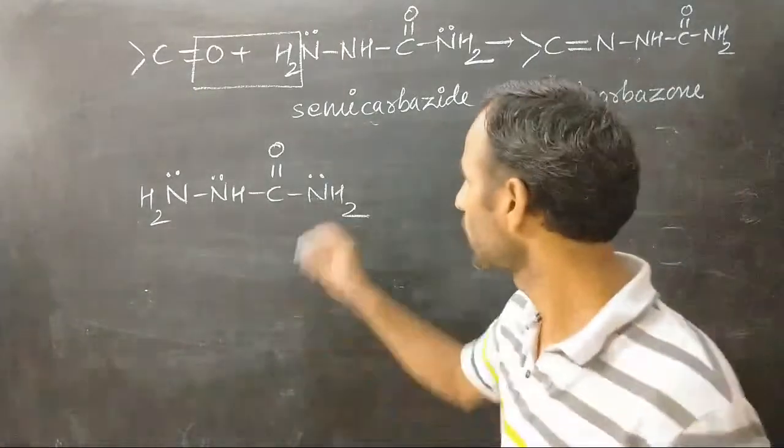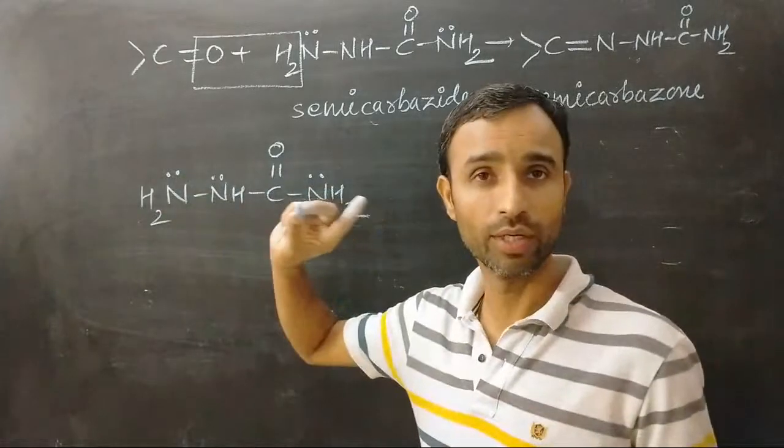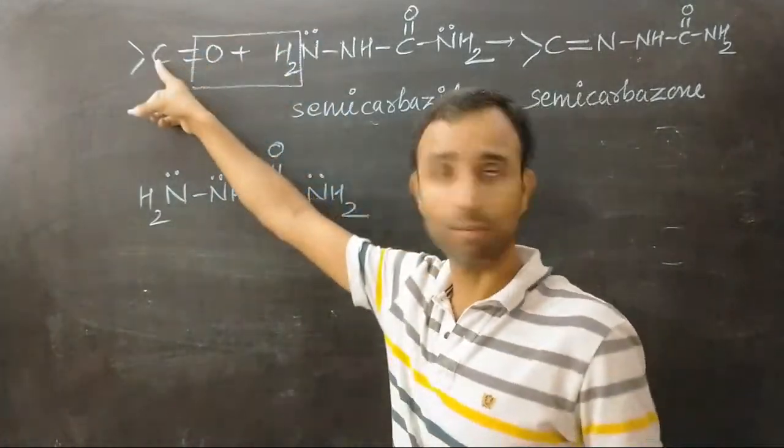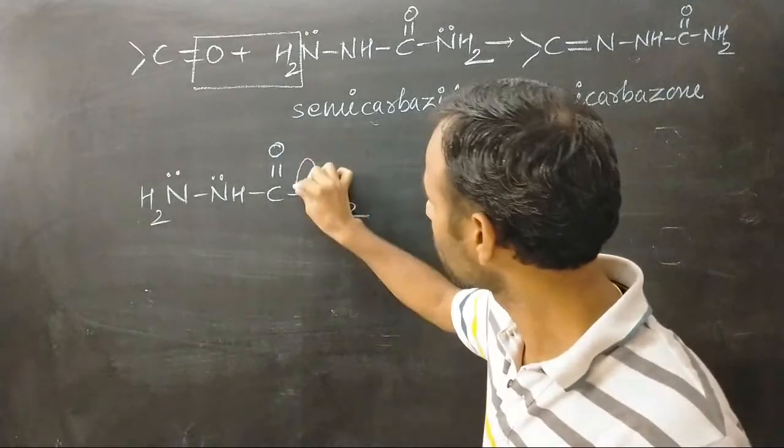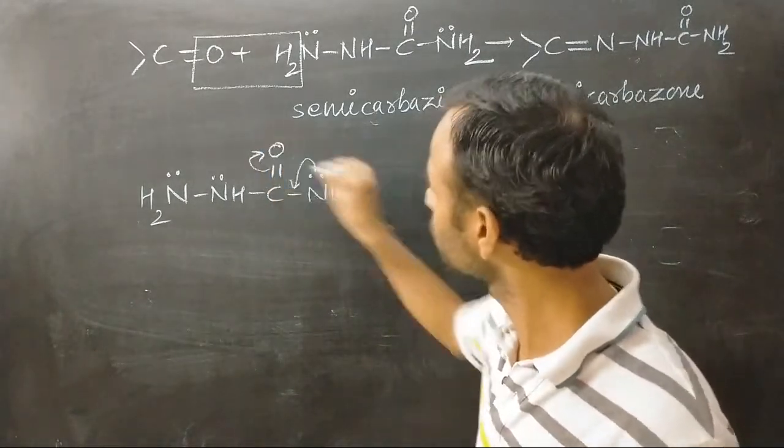Actually, it is a case of lone pair. You know, a lone pair will attack the carbonyl carbon. In this case, this lone pair and the CO pi bond are in conjugation.